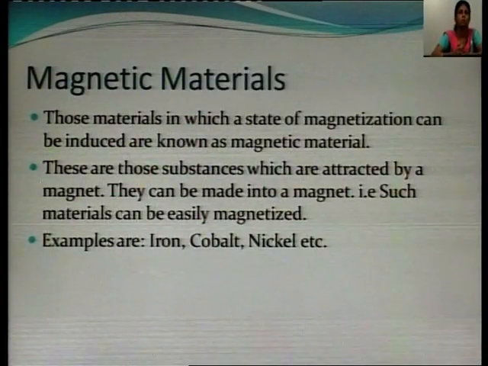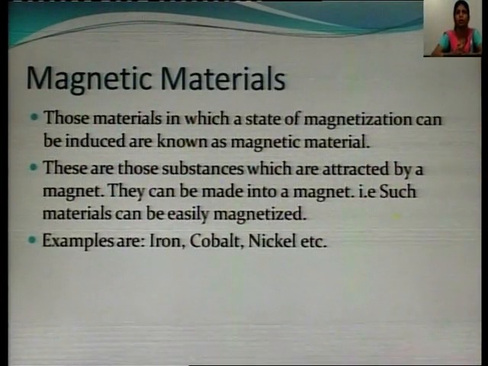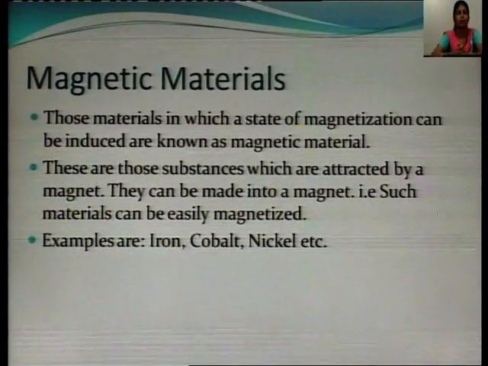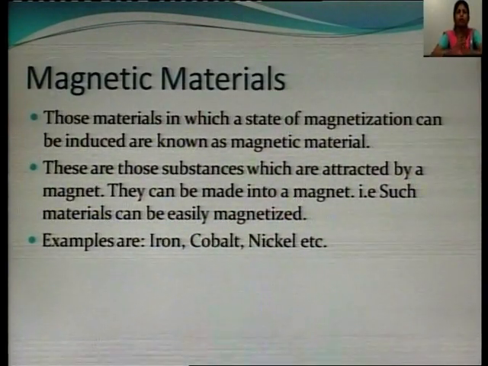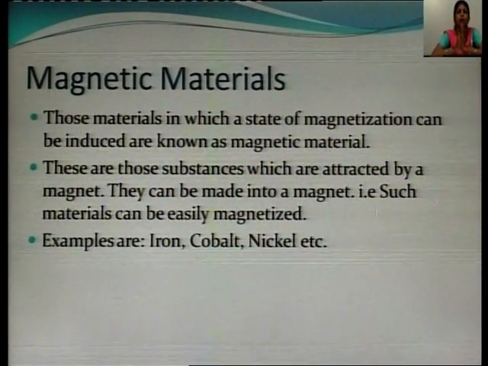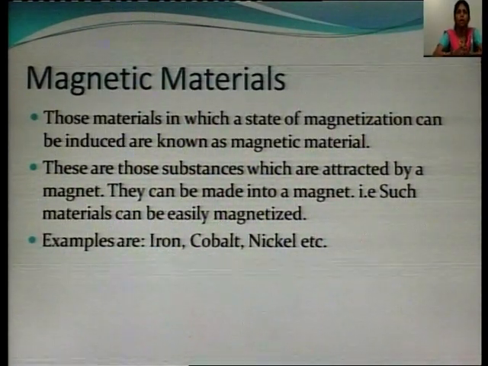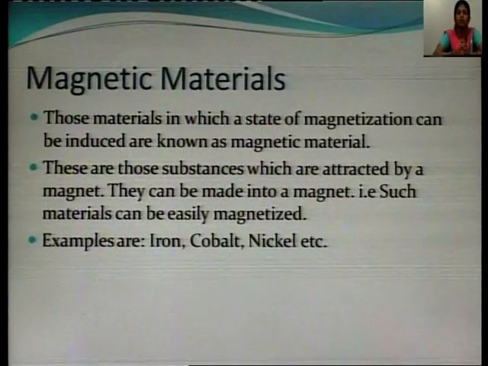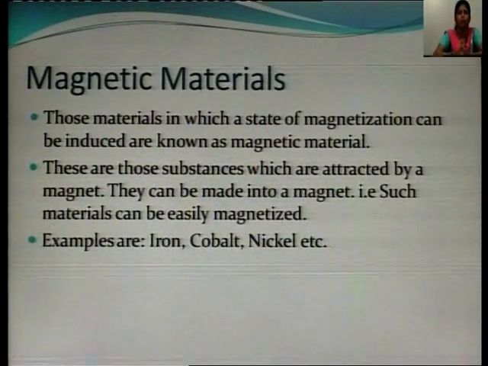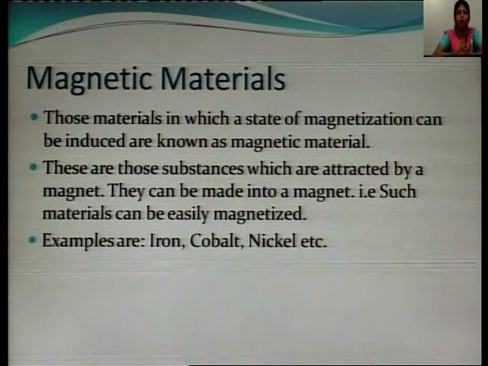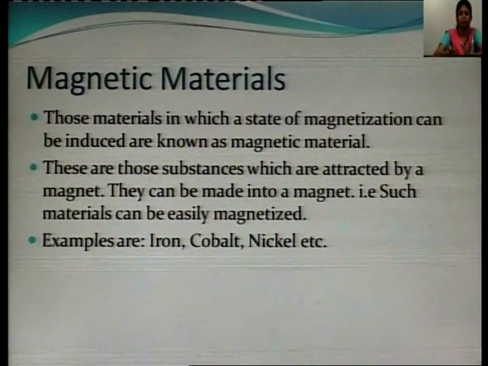That is, such materials can be easily magnetized. So we can say that magnetic materials are those materials which can be easily magnetized and which can be made into a magnet. The best examples of magnetic material are iron, cobalt and nickel, etc.